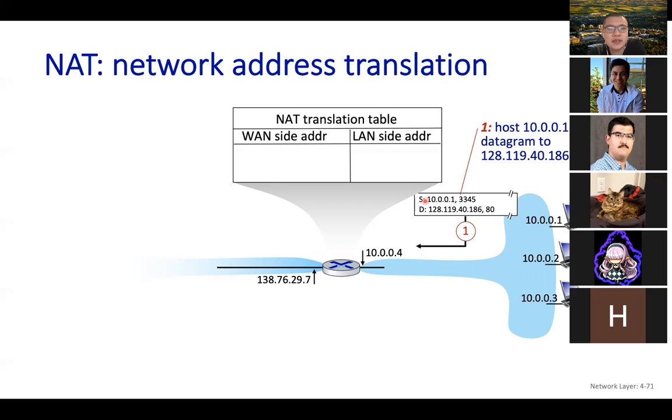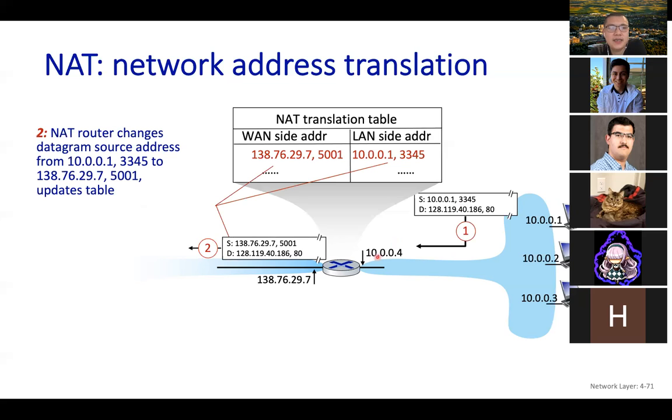You can see here the source IP is your local IP before translation, with your port number, and the destination IP address with its port number is the global IP address you need to send to.